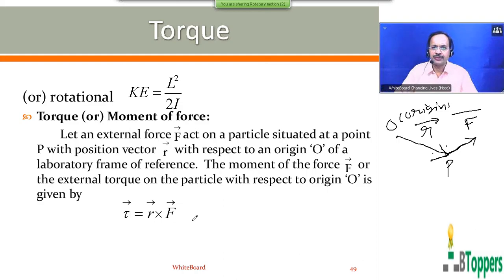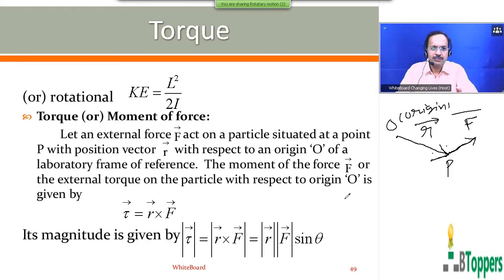Those who are writing the notes, if they want more time, can take a pause and copy this. I would like to show the continuation to this. Its magnitude is given by mod of tau bar equal to mod of r bar cross F bar, that you can write as mod of r bar into mod of F bar into sin theta.